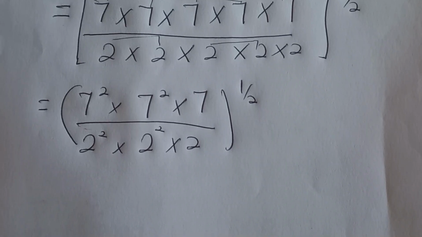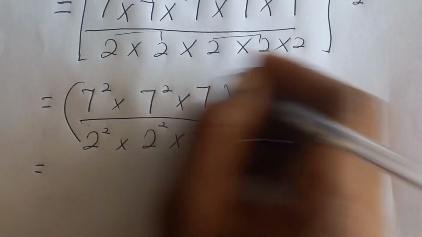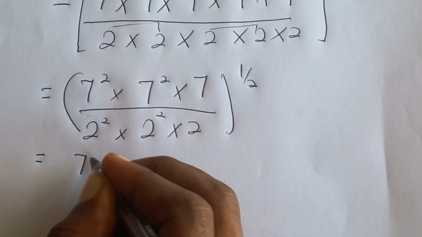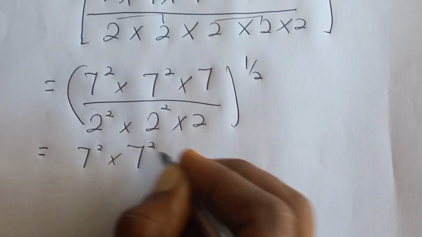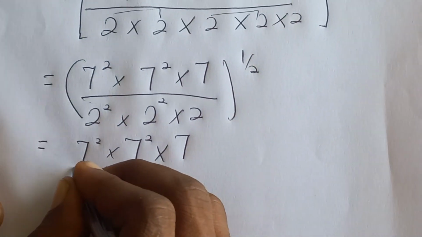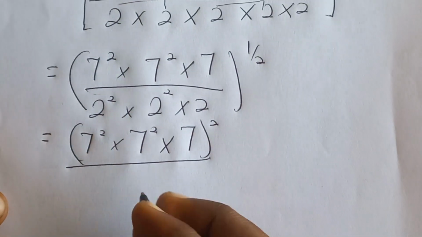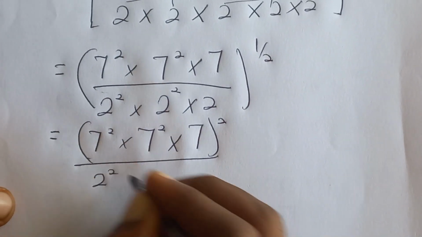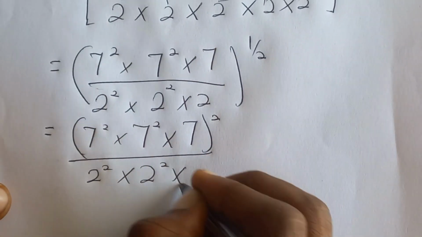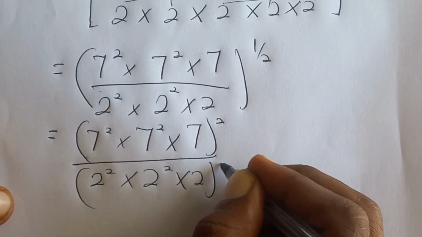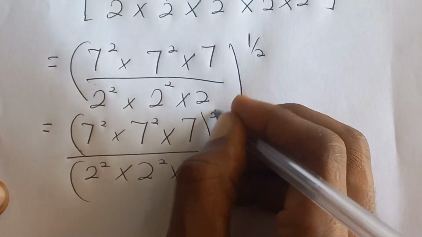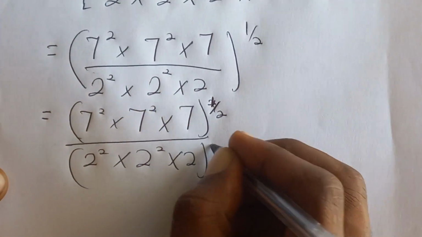So we can rewrite this as 7 exponent 2 multiplied by 7 exponent 2 multiplied by 7, all squared, over the bracket of 2 exponent 2 times 2 exponent 2 times 2, or sorry, it's power half.